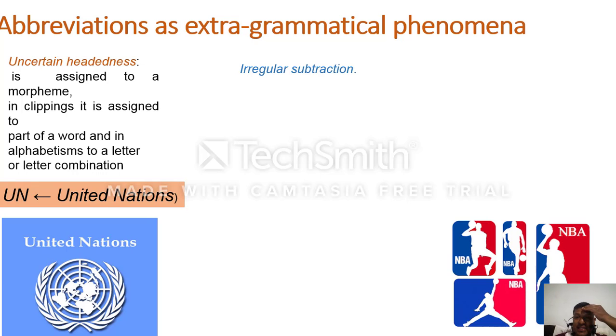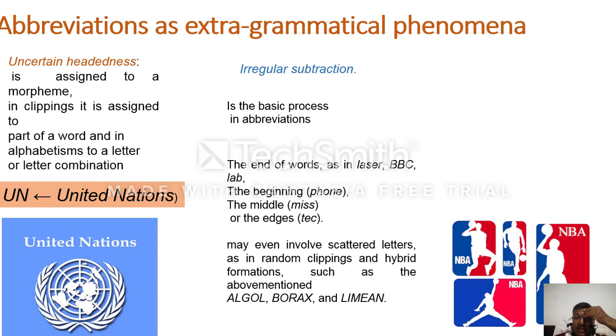Irregular subtractions is the basis of the process of abbreviations, cutting off words, as in laser, BBC, left, the beginning, phone, the middle, miss, or the edge, tech, may even involve scattered letters as in random, like in hybrid.